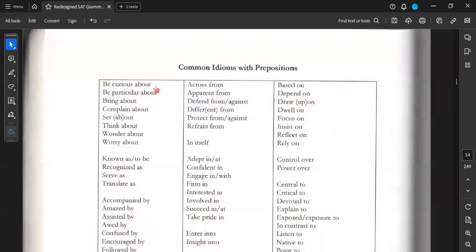Then you can have things like, he or she is known as, or is known to be good at this, for example, or recognized as maybe one of the best. This serves as maybe a president, translates as, the same as this.